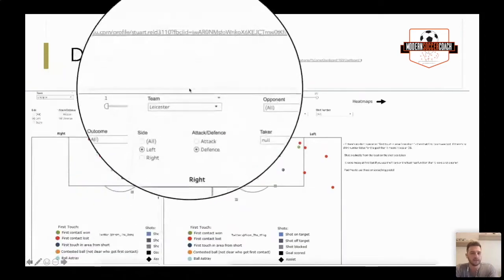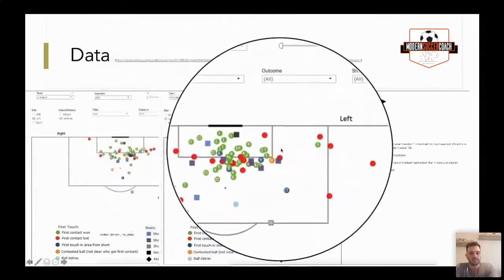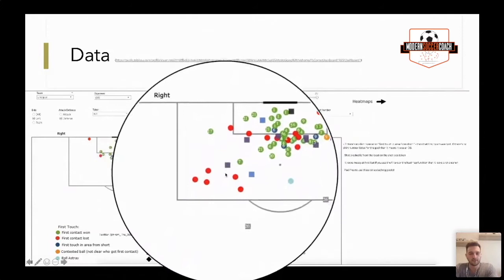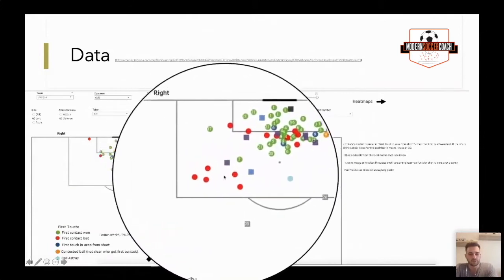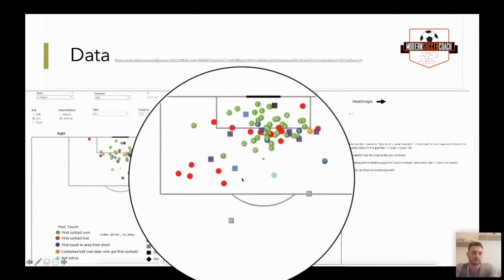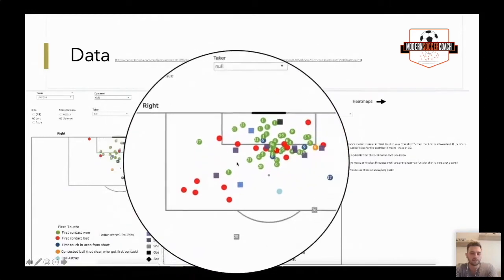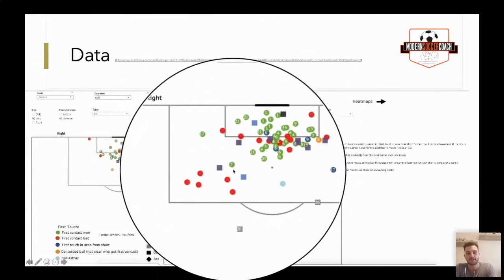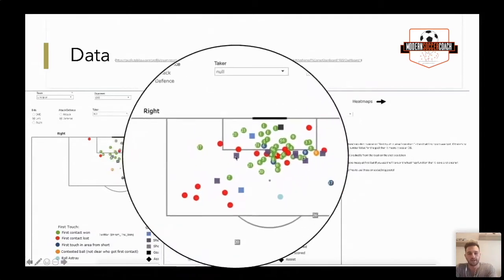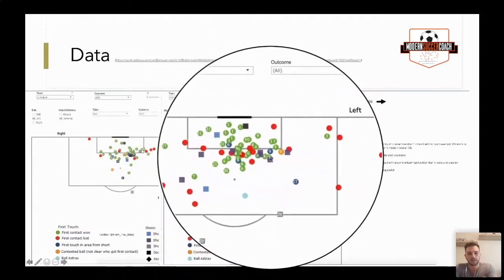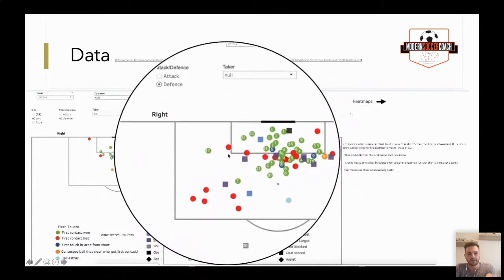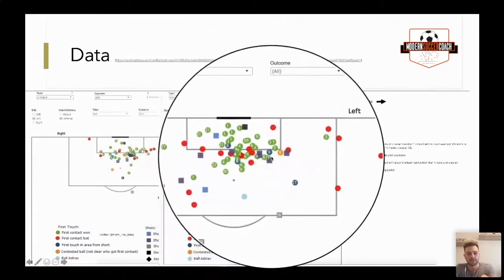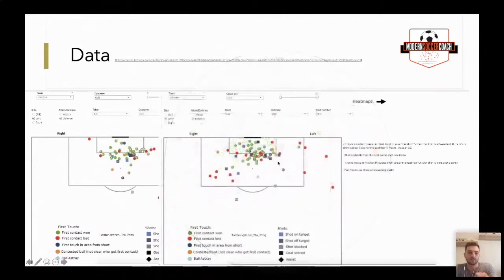And this is from Leicester, which is very interesting, I think. They lost a lot of contacts at the far post. This might indicate that they had a small player here where the opponent saw mismatches that they wanted to exploit, and they conceded or lost a lot of first contacts here in front of the 6-yard box, which is a clear indication that their blocking scheme is not great.